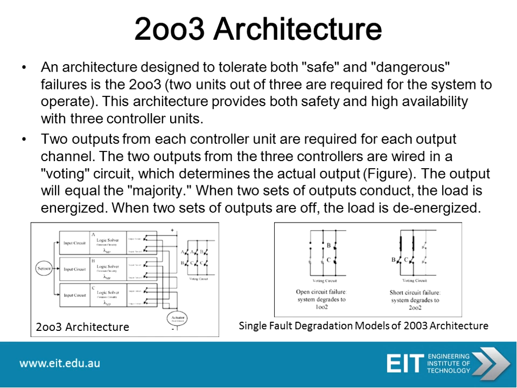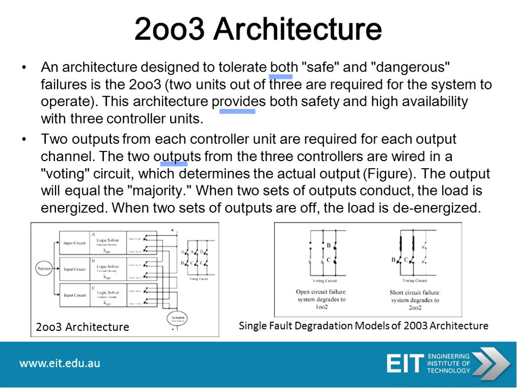Then getting back to the 2oo3 architecture, that's designed to tolerate both safe and dangerous failures. So 2 units out of 3 are required for the system to operate. That architecture provides both safety and high availability. Two outputs of each controller unit are required for each output channel, and the 2 outputs from the 3 controllers are wired in the voting circuit, which determines the actual output.